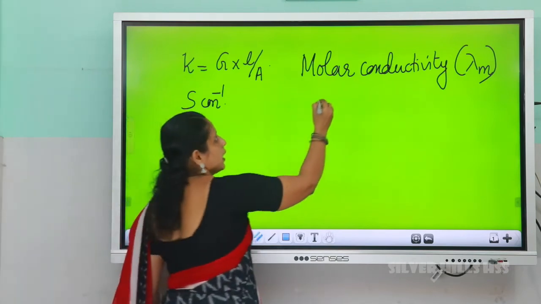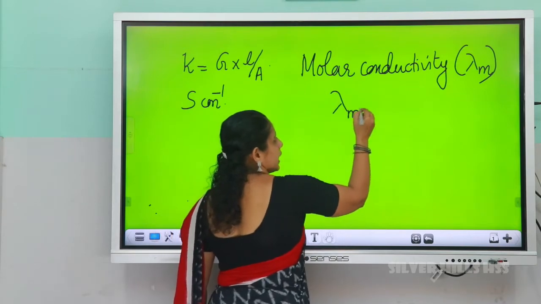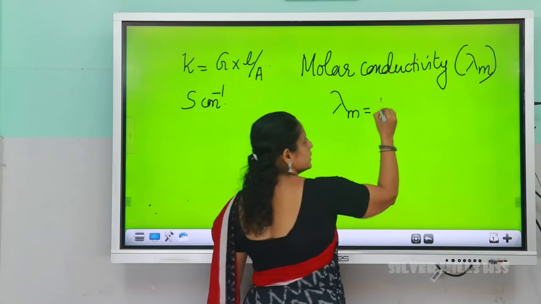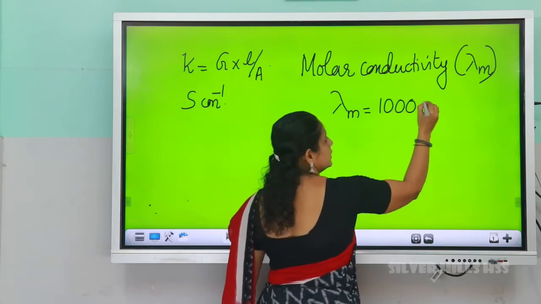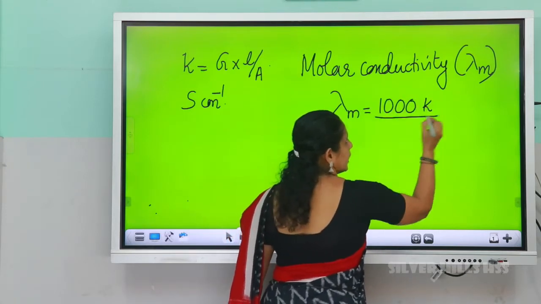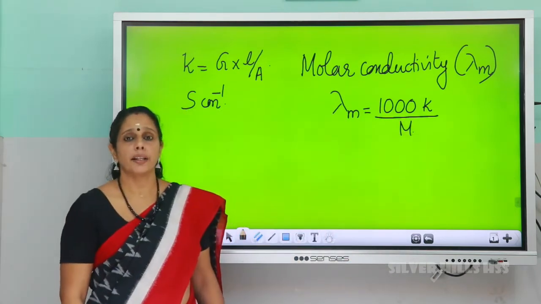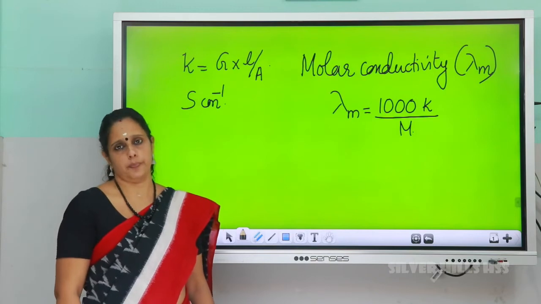And lambda m can be calculated using the formula lambda m is equal to 1000 kappa by m, where m is the molarity of the solution.